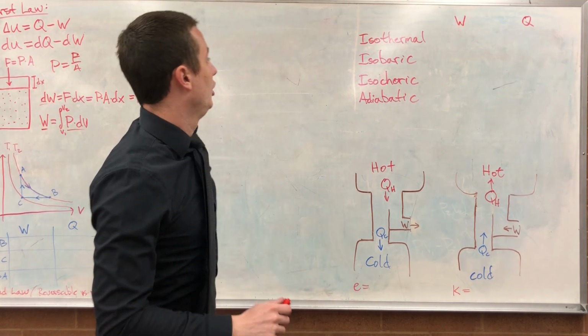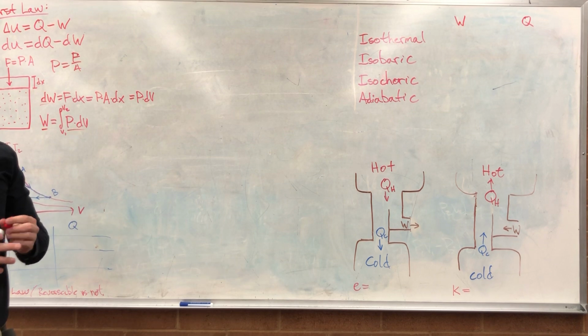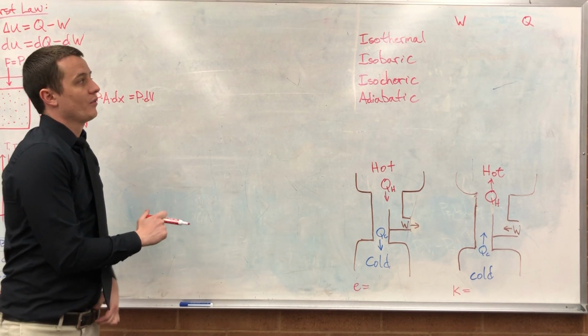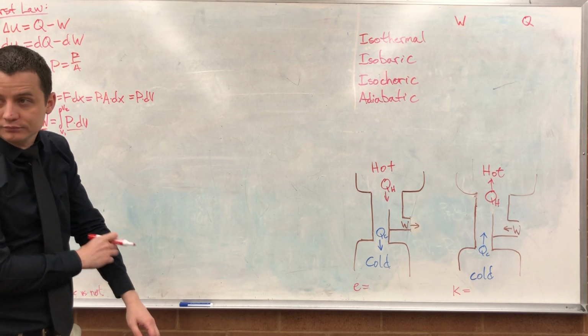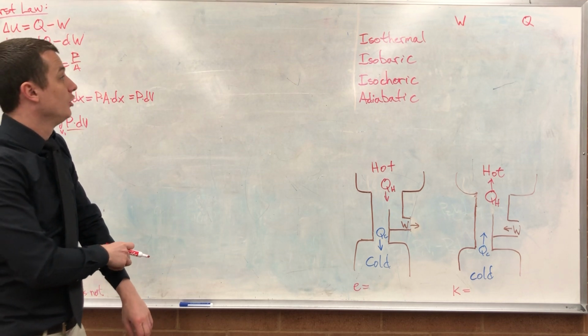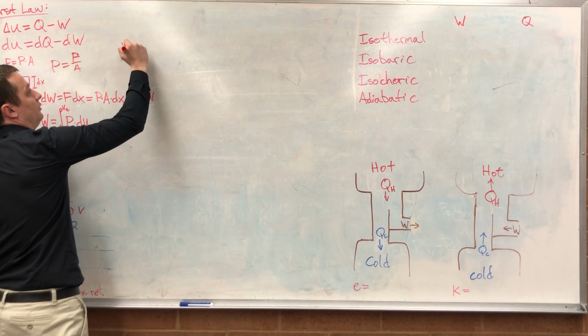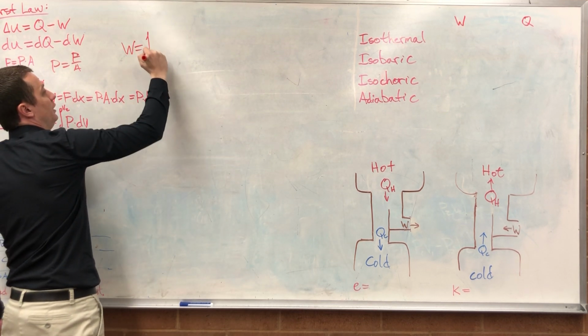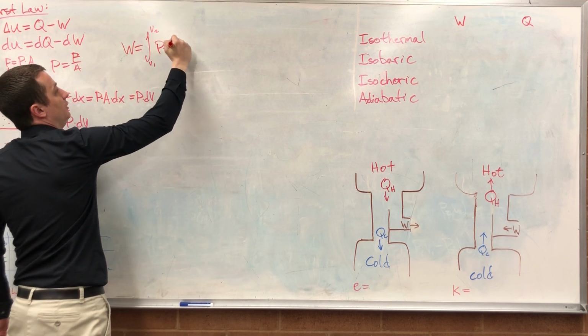Okay, so really quick, let's calculate work and heat in each of these cases. Let's start by talking about some isothermal case. The work done, if we're talking about an isothermal reaction, is W equal to the integral from V1 to V2 of P times dV.